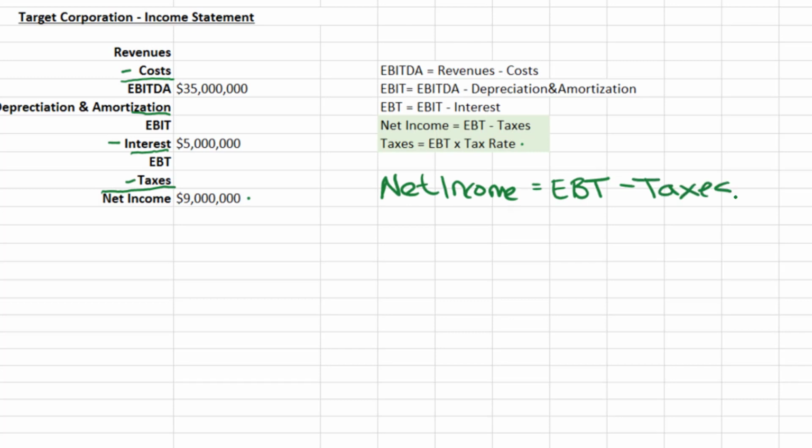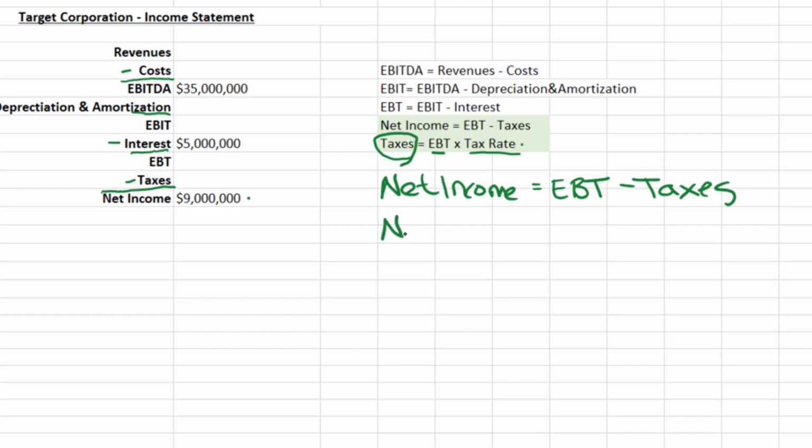Okay, so this is where we can use a little bit of substitution. I know that taxes is equal to EBT times the tax rate. So in this net income equals EBT minus taxes, I'm going to replace this taxes with this EBT times the tax rate.